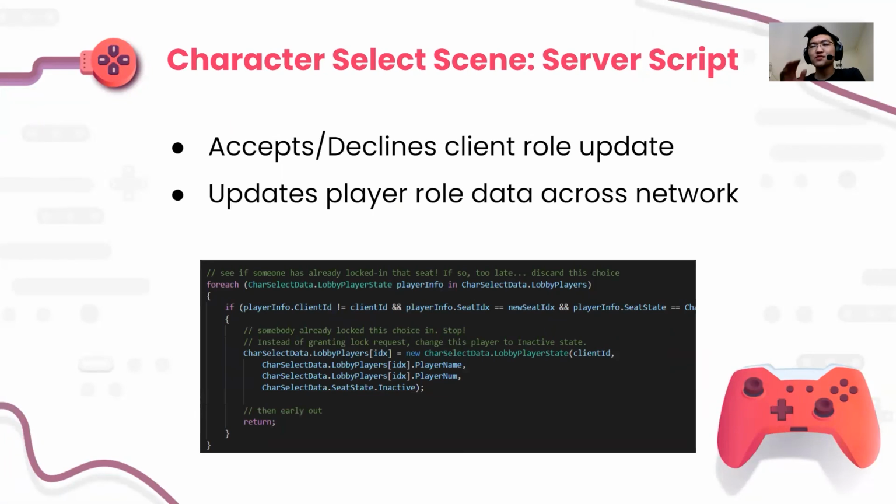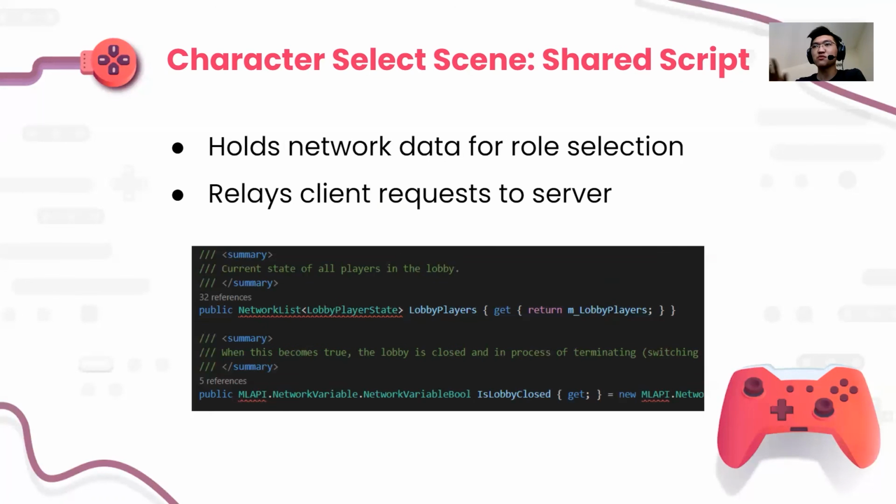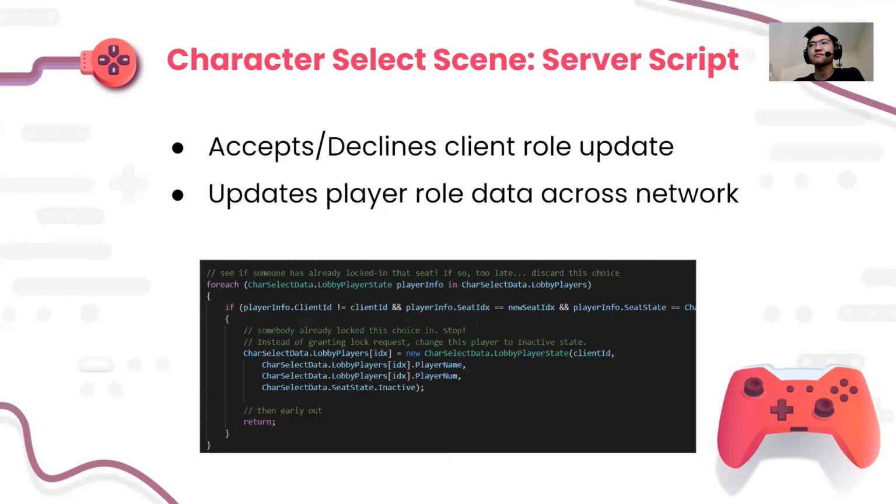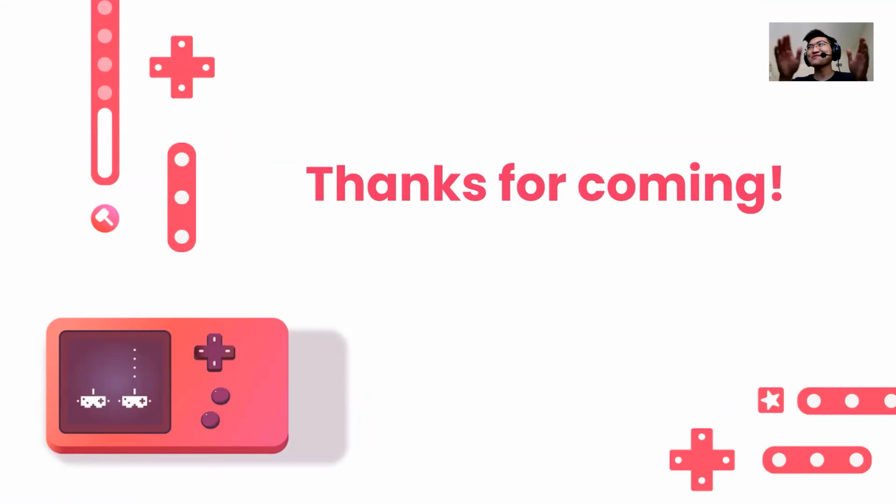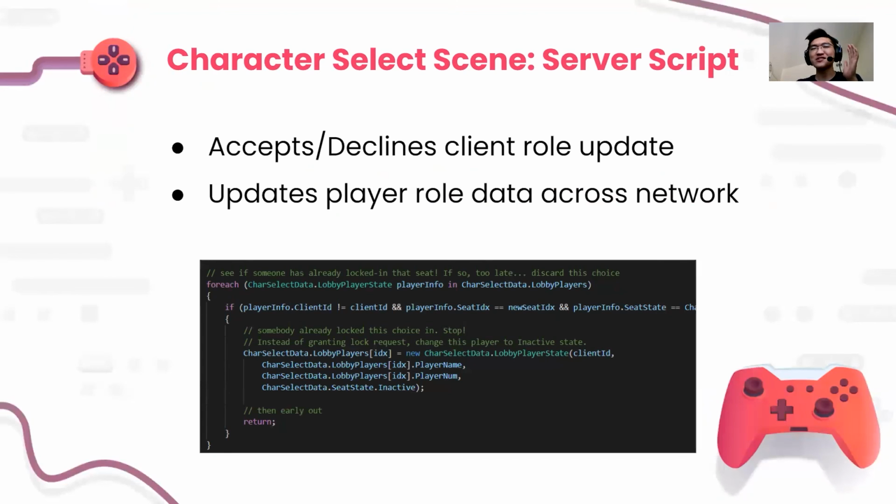What the server does is this: whenever the server feels that the shared data is ready to be changed, it updates stuff in the shared portion of the script, and that sends a corresponding update to the shared portion on the client side, which then updates the client. And sorry, I know there's a lot of detail to cover in this tutorial, and honestly, there's a lot of small things that are difficult to explain in the short amount of time.